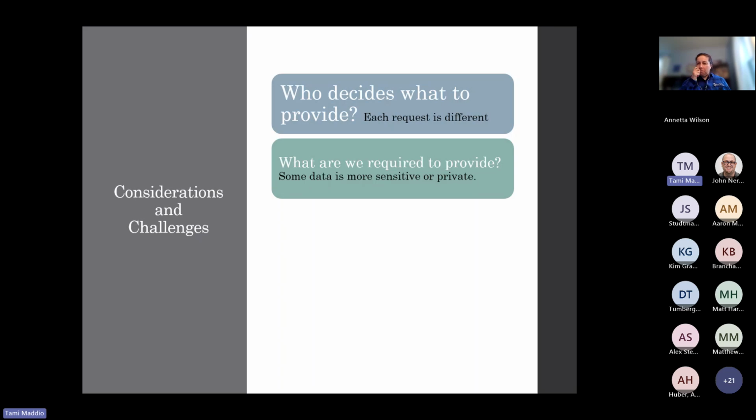We also struggle sometimes with what we are required to provide, public data. So I guess you could say we need to provide all of it, but in some cases we want to make sure that we're being very careful about sensitive or private data or public safety risk layers that are out there. That's one reason why we limit it to hopefully a geographic area and not the entire city, especially when we're providing utility data.